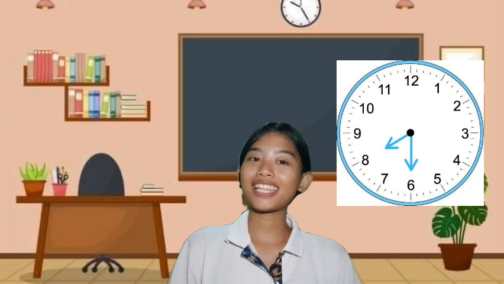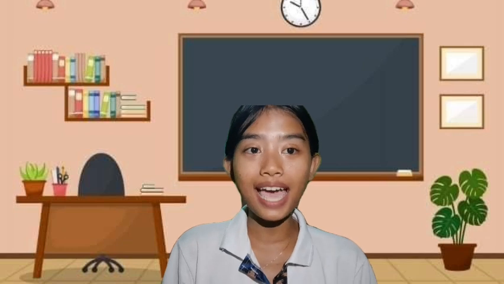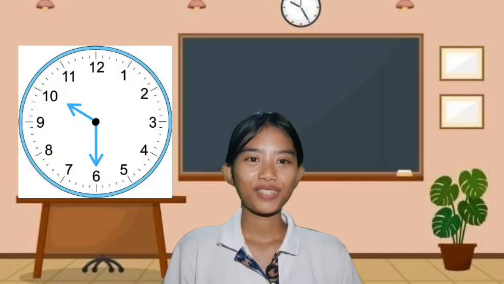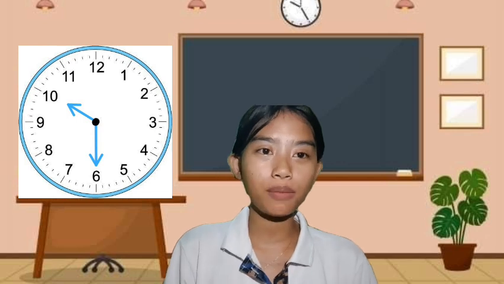Next example, when the big hand points to 6 and the small hand points to 8, it's gonna be half past 8. For the last example, when the big hand points to 6 and the small hand points to 10, it's gonna be half past 10. Okay, I think you understand, my students.